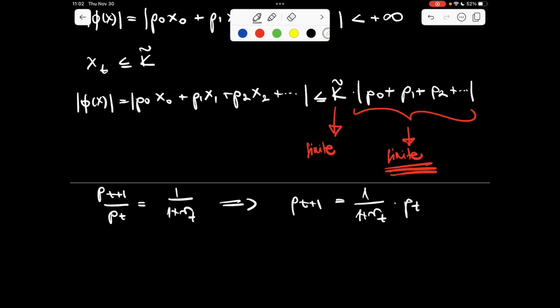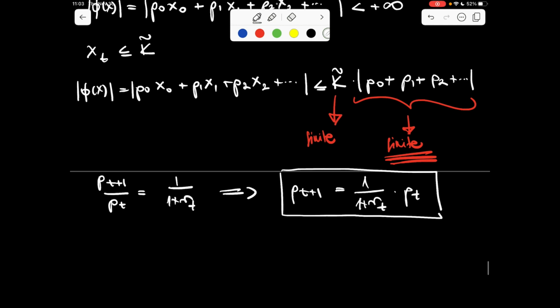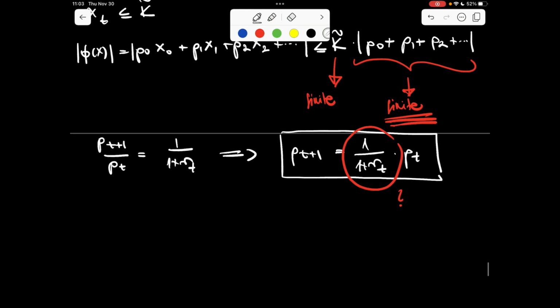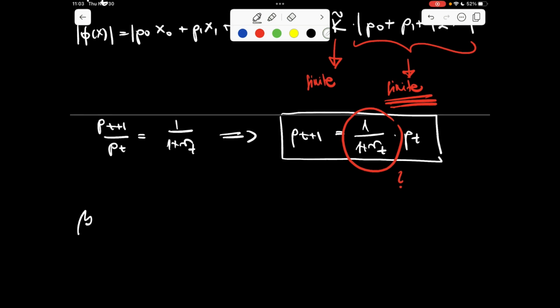So there is a strict relationship between the price level of the consecutive periods. So we want to know more about this ratio. From the households problem, we know that this equality holds.